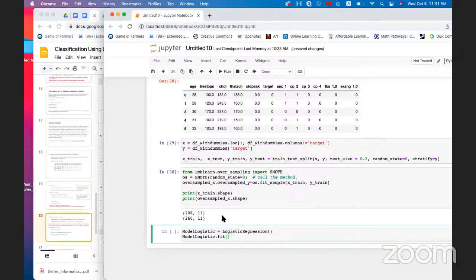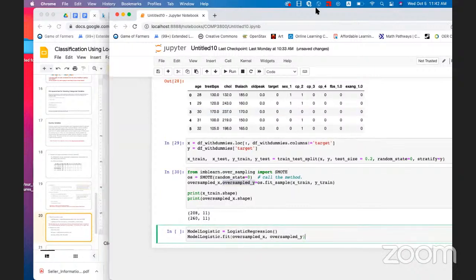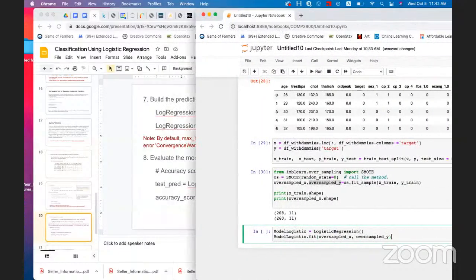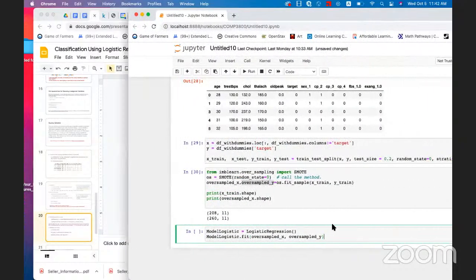So X should be oversampled. X should be the oversampled data. And the Y should be the oversampled Y. I think that's all we need to build this model.